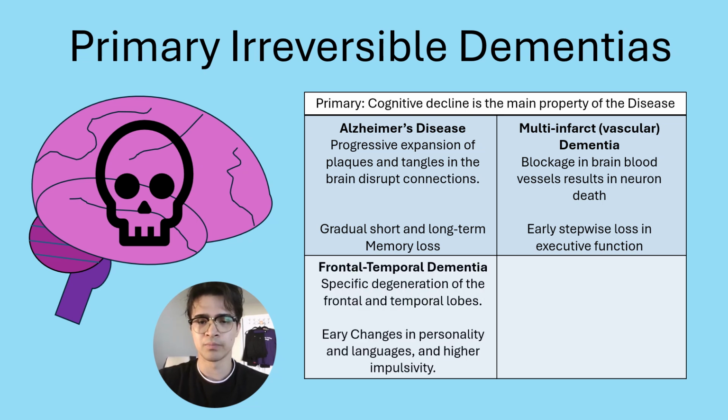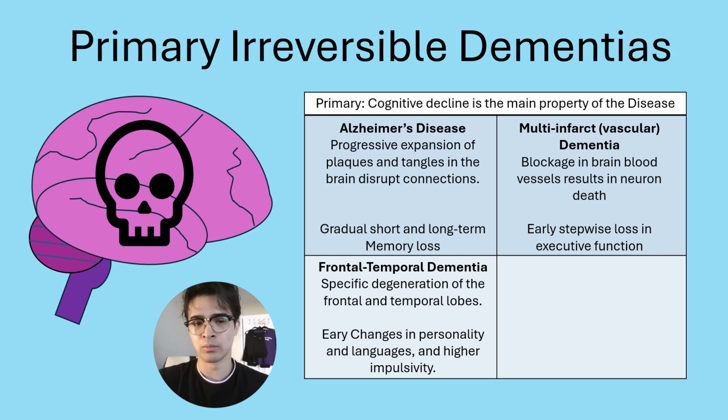The third disease is frontal temporal dementia, which is the specific degeneration of your frontal and temporal lobes. This causes early changes within personality, language processing, and increased impulsivity.